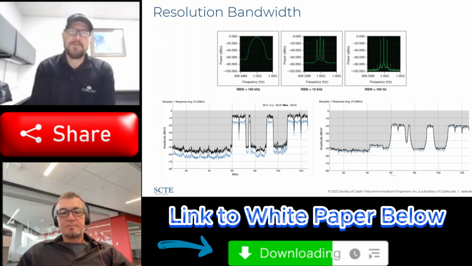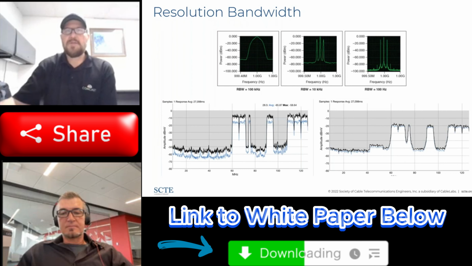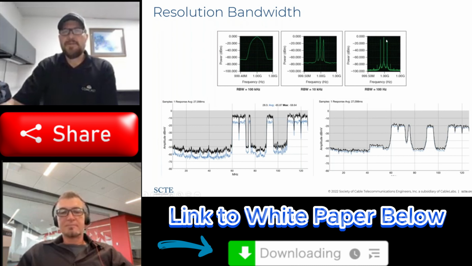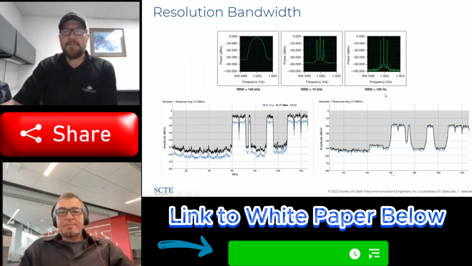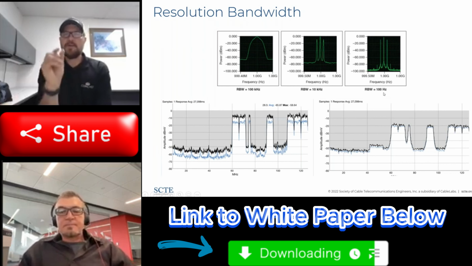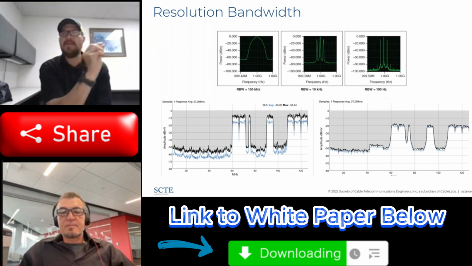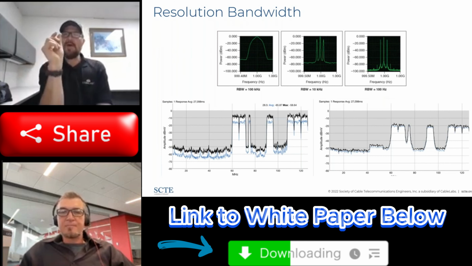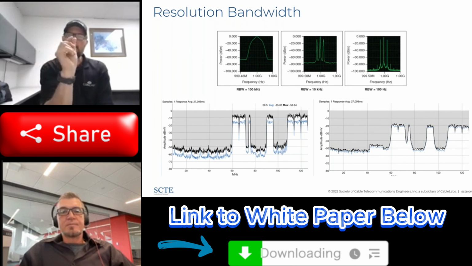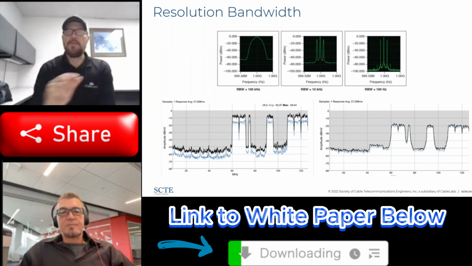So instead of starting left to right, I actually want to start right to left and say we have these three tones, right? A center tone and two adjacent lower level tones. And with really good or high resolution bandwidth, meaning 1 kilohertz slices of spectrum that are being analyzed at a time, and that's really what that means, is how wide is the lens that we're viewing the spectrum through.